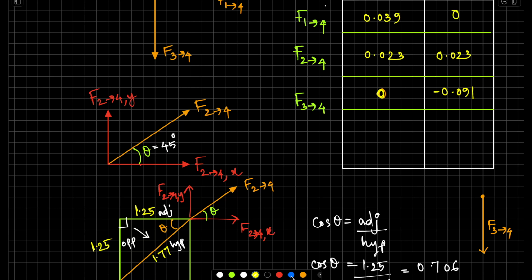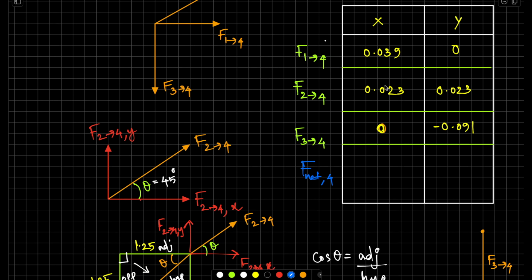All right, now let's find the net force on Q4. Add all the x components together and add all the y components together. For the x component, 0.039 plus 0.023 plus 0, you'll get 0.062.